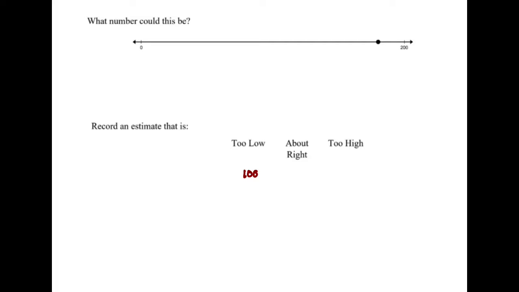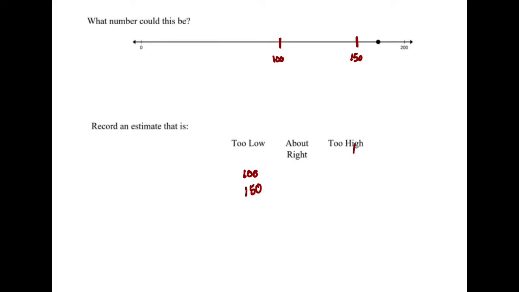Okay, is that close? Not really, is it? Because 100's going to be here, halfway through. Okay, so a closer guess that's too low might be halfway between 100 and 200, which would be 150. So that's still too low, but it's closer.